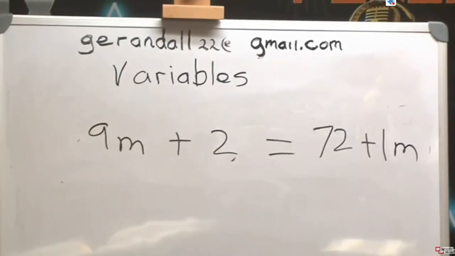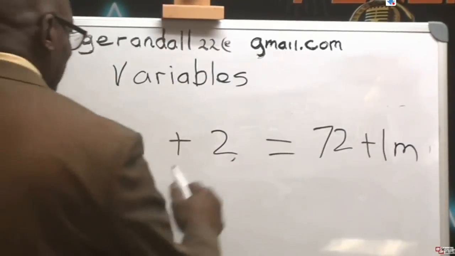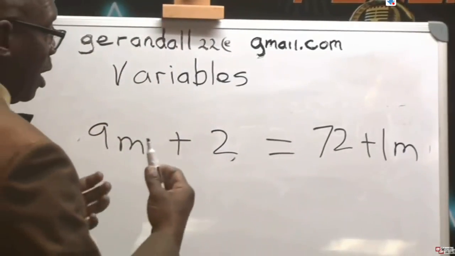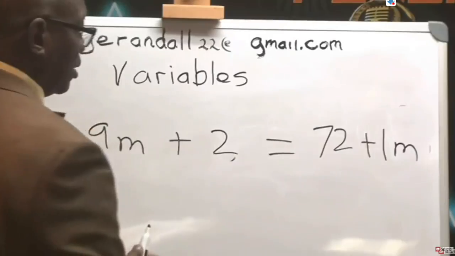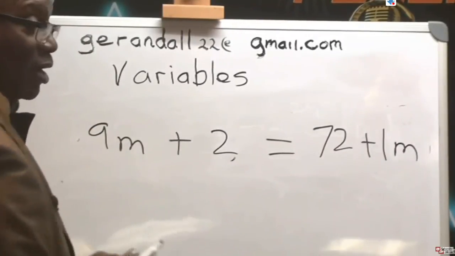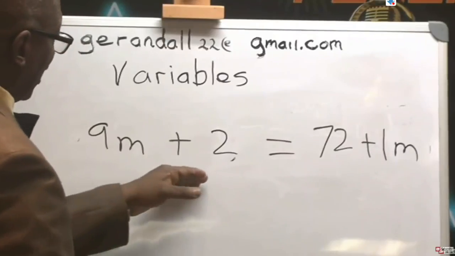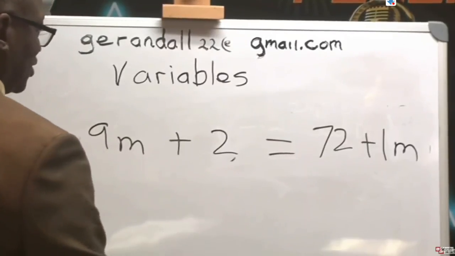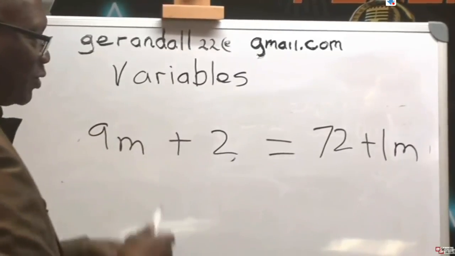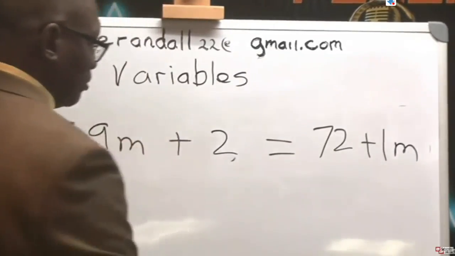And you've heard me say before, whatever you do to one side of the equal sign, you must do to the other side, because the original equation would have to be equal. Now, talk about cousins. How do you undo addition? The whole goal is to get this m by itself, so it'll say m equals something.